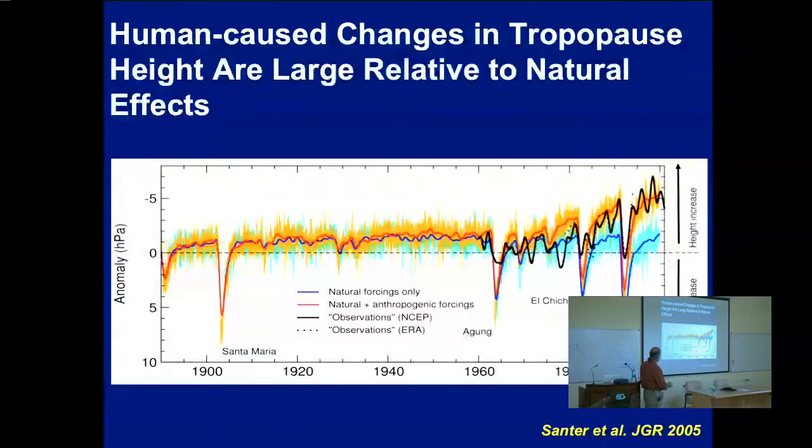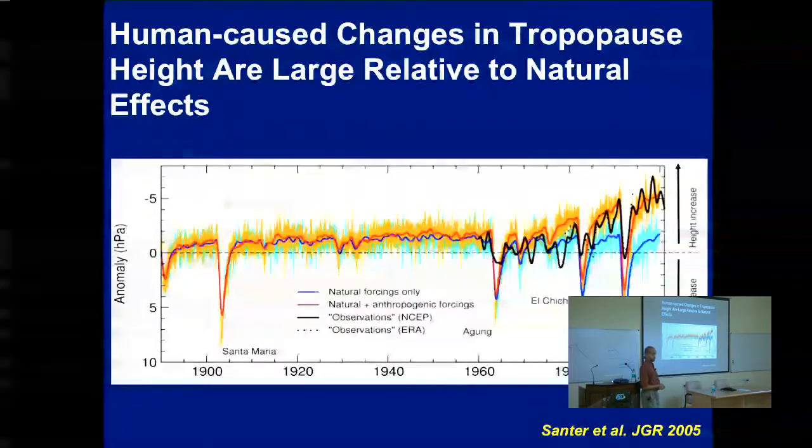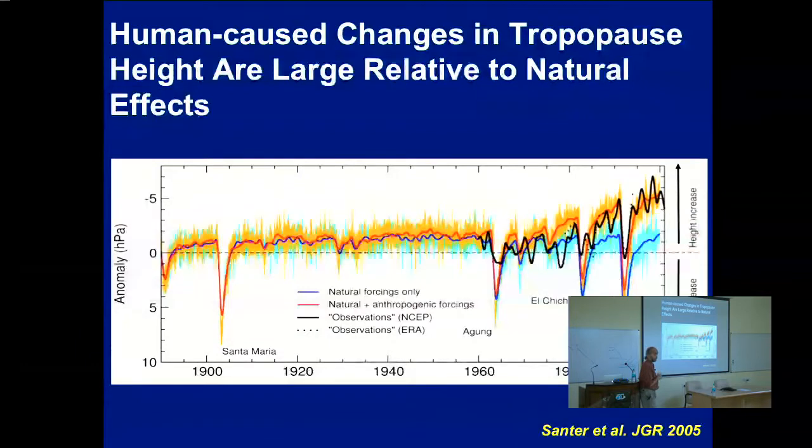Again, this is time from about before 1900 to there. Clearly, we don't have observations of tropopause height going back to 1900. Okay, so this part is all model.